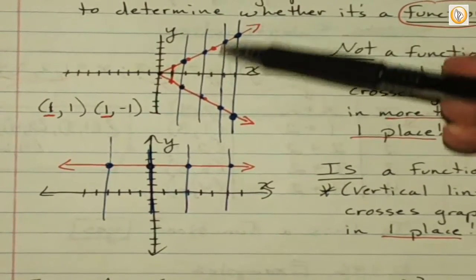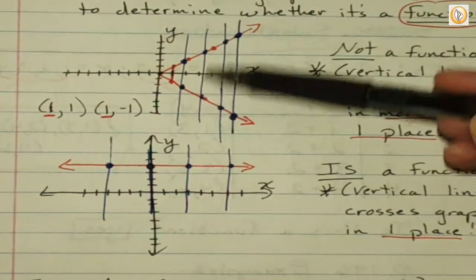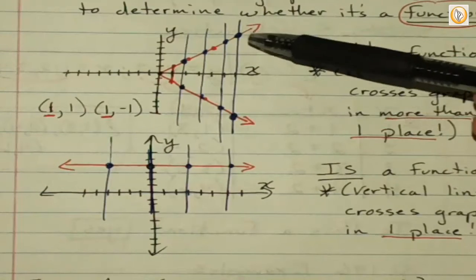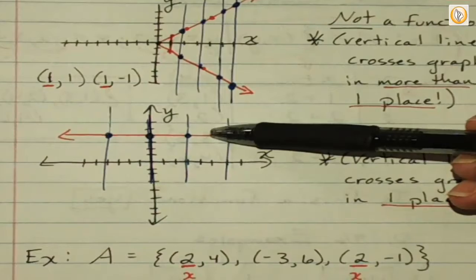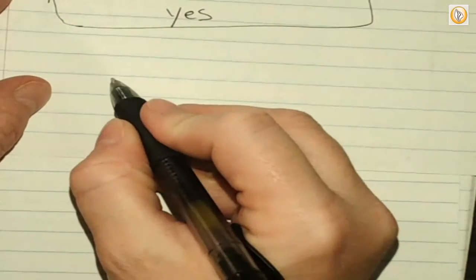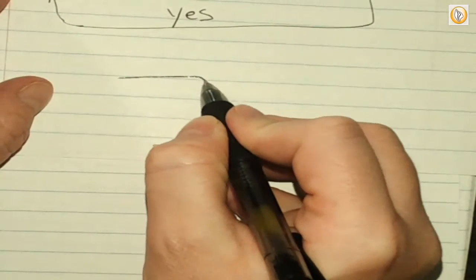If it crosses anywhere on your graph itself more than one time, it is not a function. Okay? So even if, let's say, and you don't have to write this, let's say the graph was something weird like that, and then it went like this.